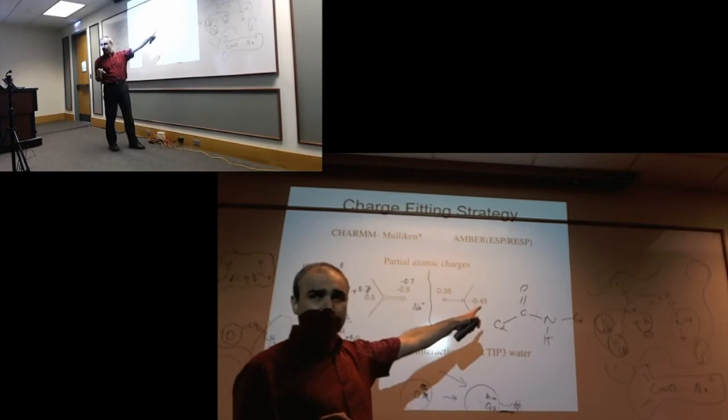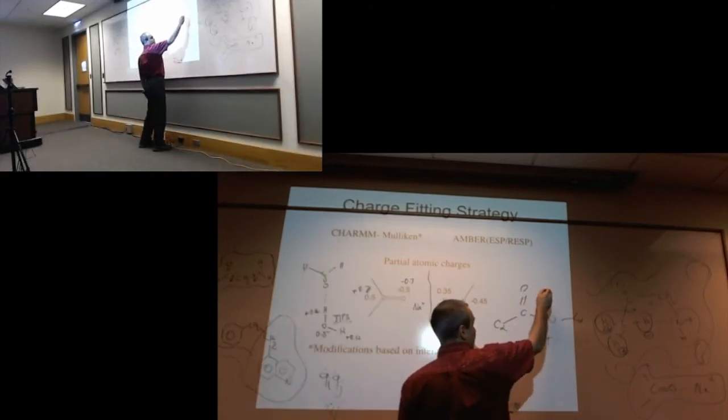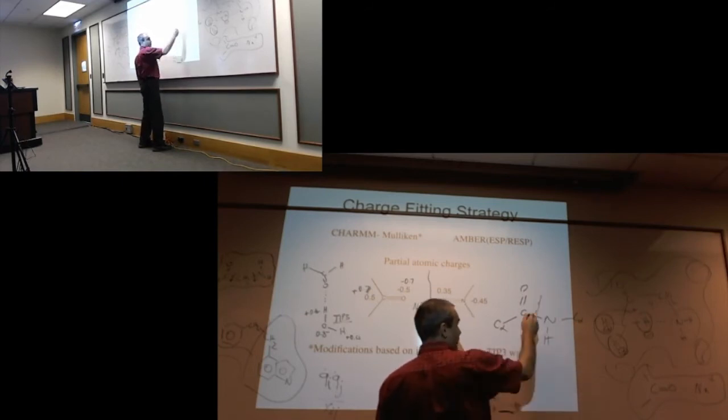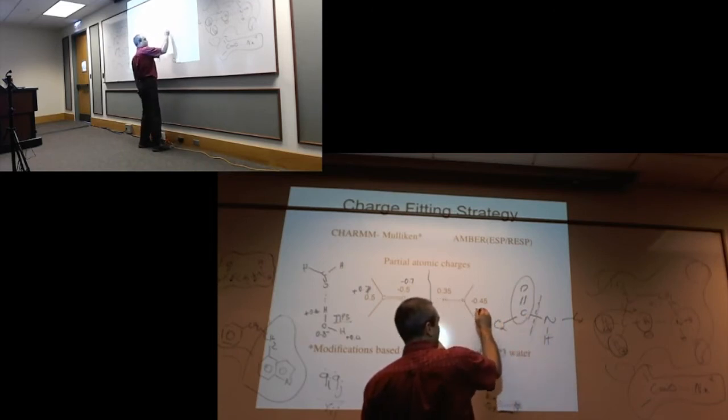At the peptide bond. So what happens if you use a fragment? Right now in the force field, there is no charge transfer here. This bond, this is a separate group. I think this guy is a separate group. This one is a separate group.